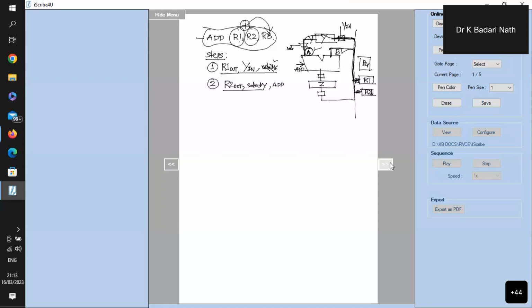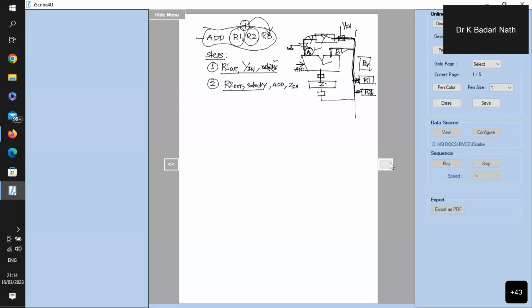Now addition is performed. After addition, you can push the data into Z, because all this can happen in a single clock cycle. So I can say Z in. So in the second clock cycle, you brought in the second operand, the first operand is already available there, and you perform the addition and store the answer into Z. All this can happen at a single shot.